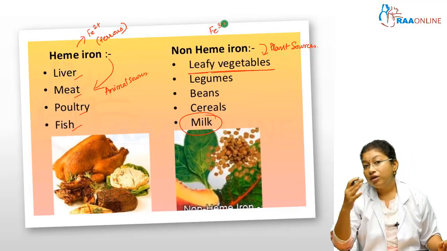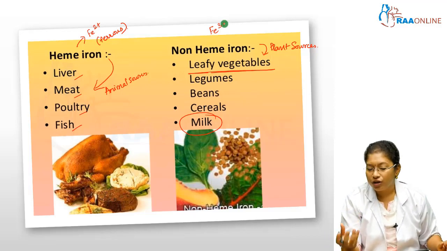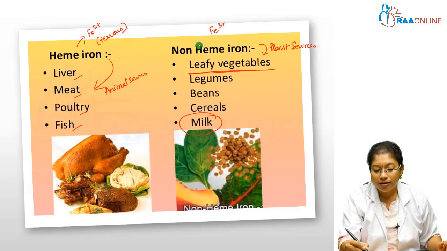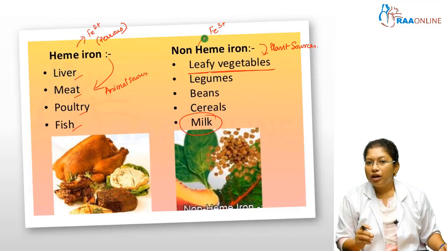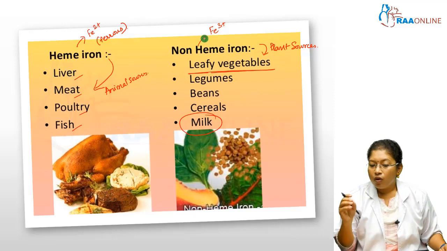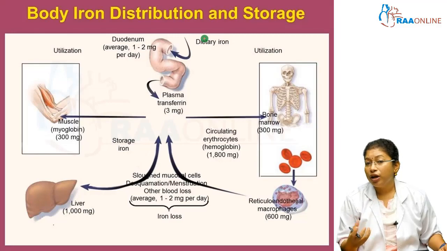You have to reduce it to Fe2+ for its absorption. So, your non-heme iron contains iron in Fe3+ form. So, till now we have seen the iron containing proteins and sources of iron. Next, how the iron is distributed in our body and how it is stored.